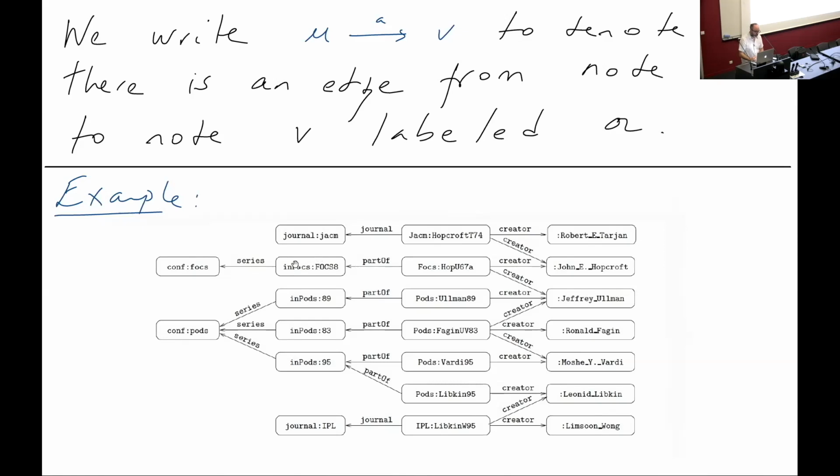The edition of a conference is also part of the series of this conference, right? A conference can have several editions like this one, and each paper is part of a single edition, and each paper is created by one or more authors. So this is a graph database, and this is the structure that we will be using.